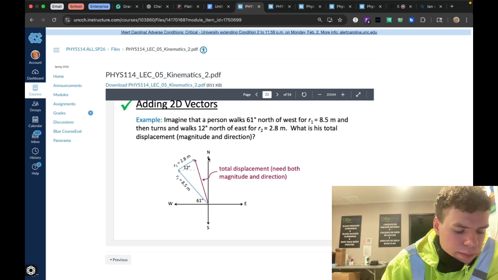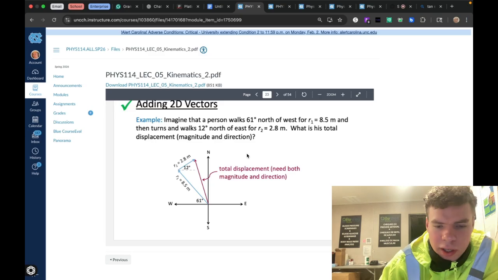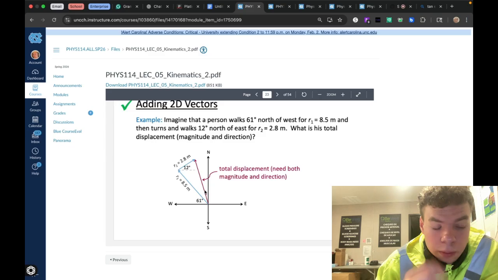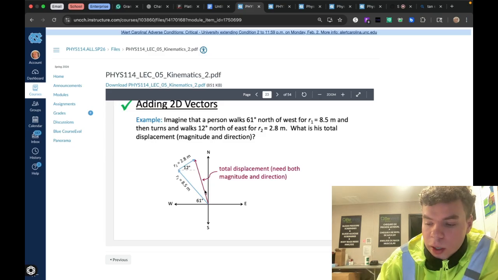Inverse tangent of 1.38 divided by 8.01 is 9.78. So this angle should be 9.77, because I did inverse tangent of 1.38 divided by 8.01.